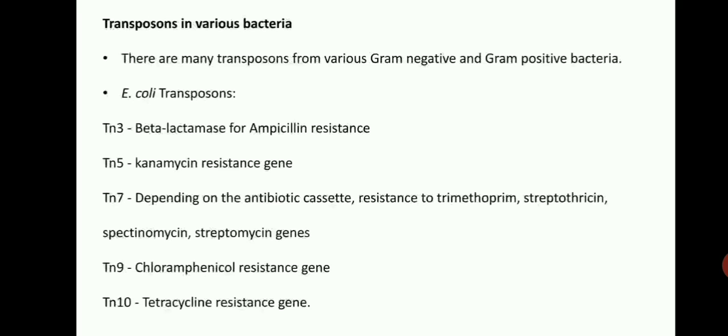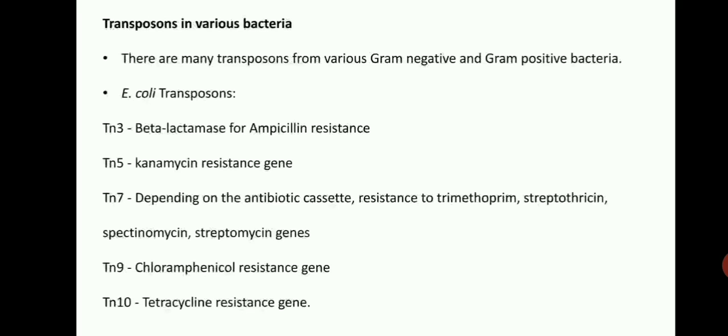Then Tn5, as we have discussed, has kanamycin, streptomycin and bleomycin resistance genes in its sequence. Then Tn7, depending on the antibiotic cassette, has resistance to trimethoprim, streptothricin, spectinomycin and streptomycin.